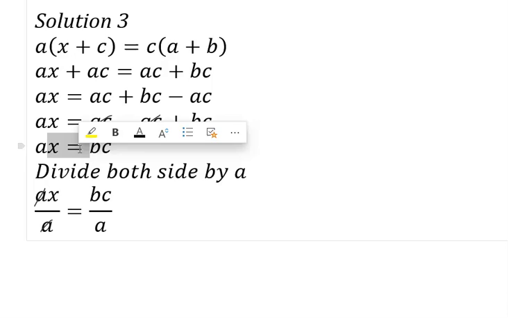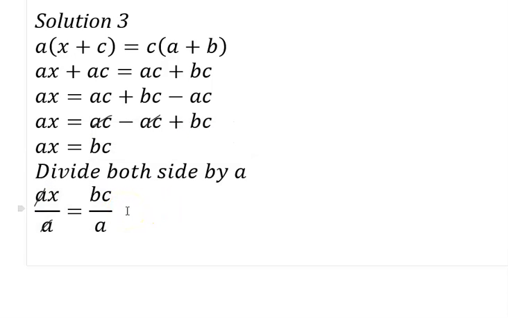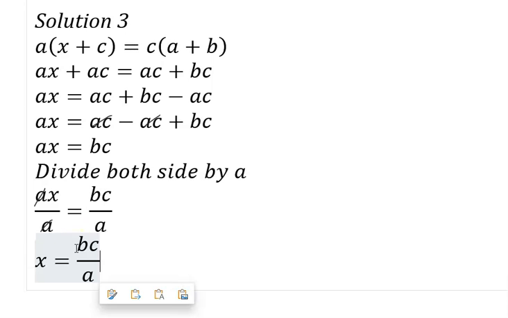So our X is now standing alone. So our final answer will now be our X equals BC over A. Very easy.